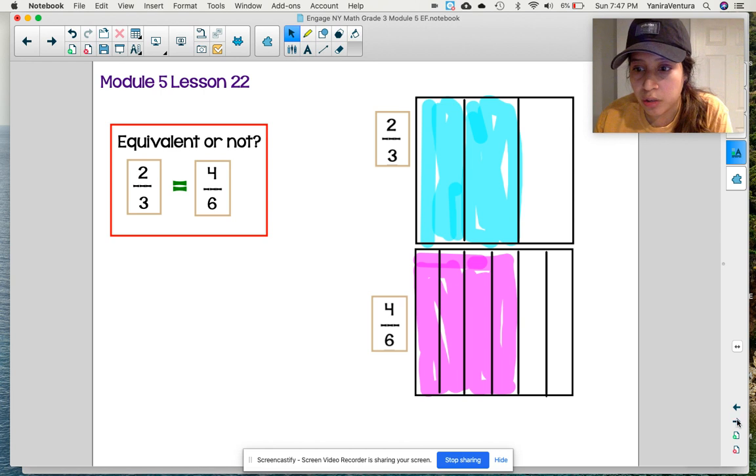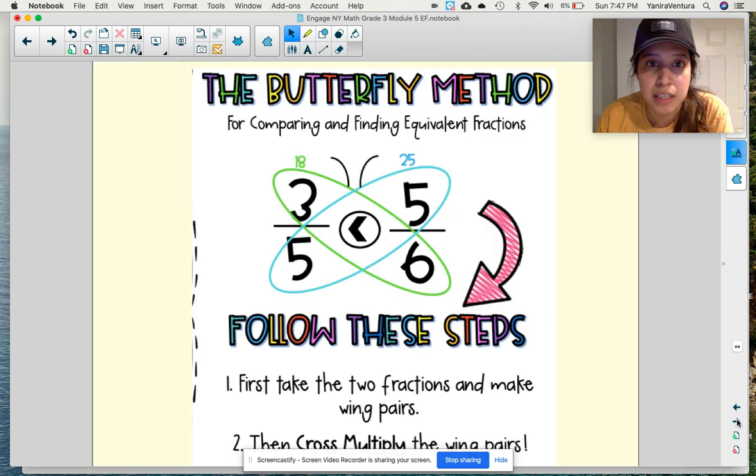Now, I want to show you a quick trick known as the butterfly method that you can use when you are comparing and finding equivalent fractions. So let's take a look at the fractions that they have here. They have 3/5 and 5/6. And when you cross and multiply, you are multiplying the 3 and the 6.